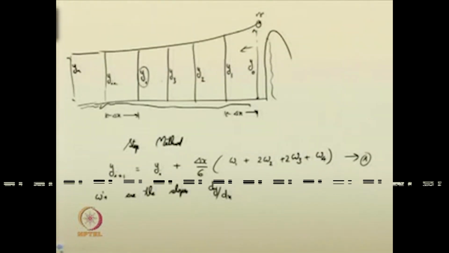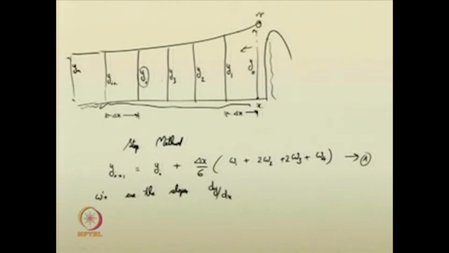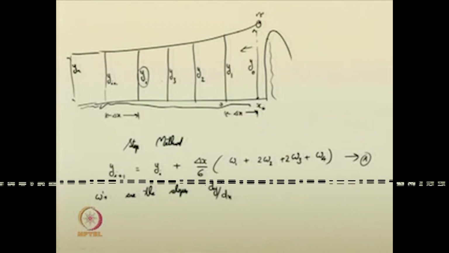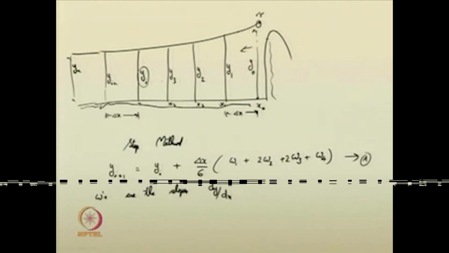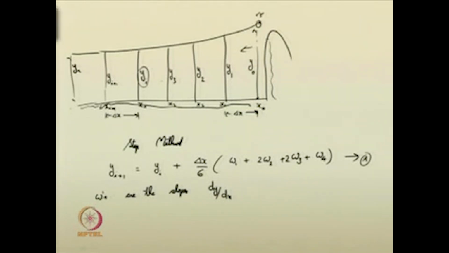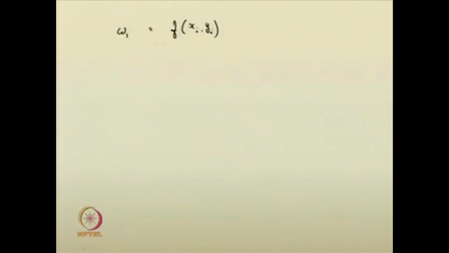You see the sections here: this is called x0, then x1, x2, x3, similarly xi, xi plus 1, like that you can designate them. So, omega 1 is a function of xi and yi.